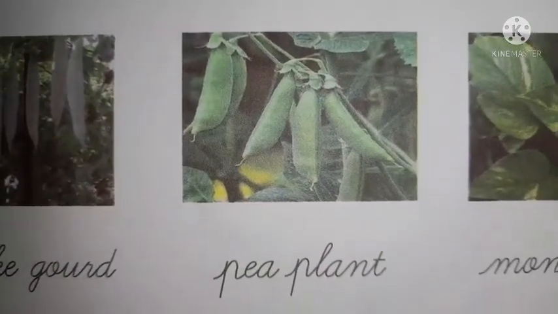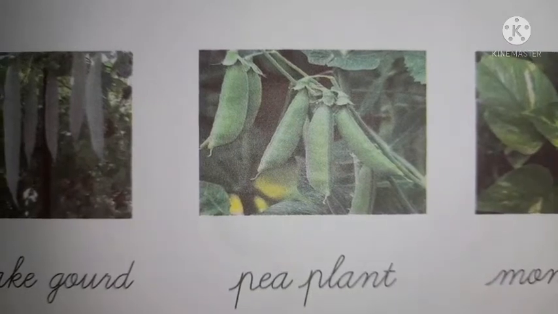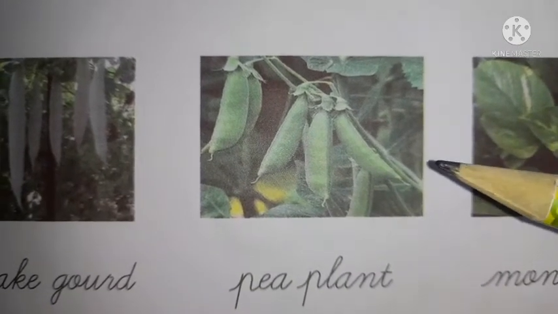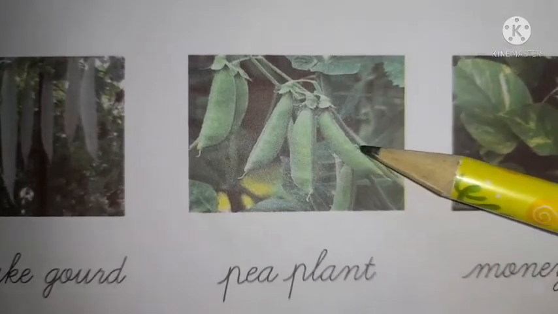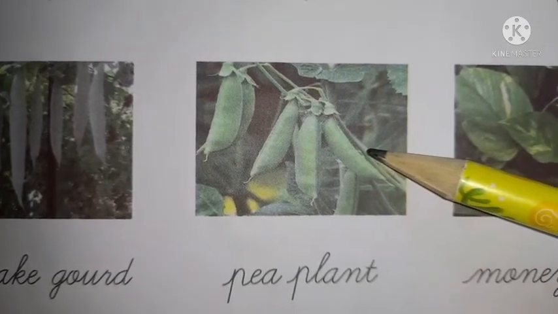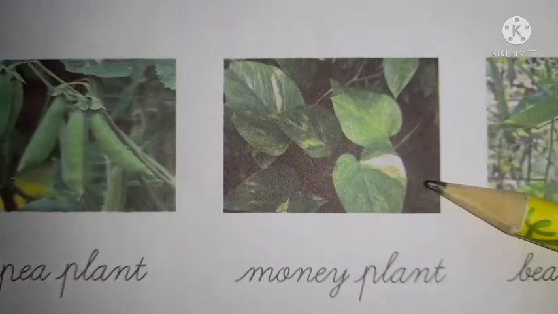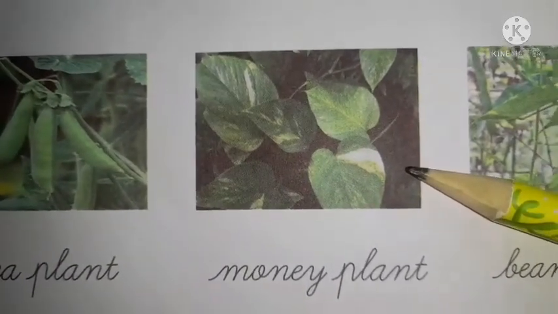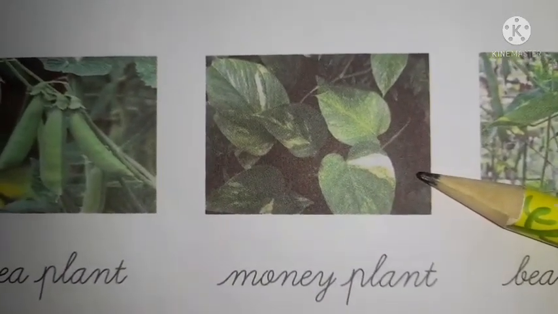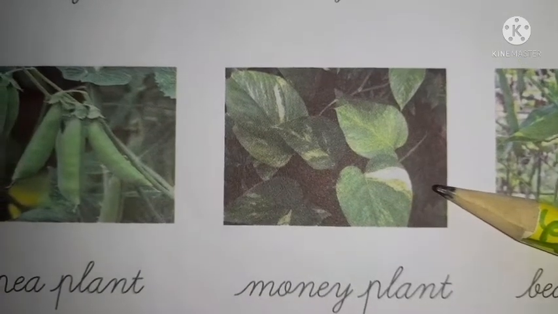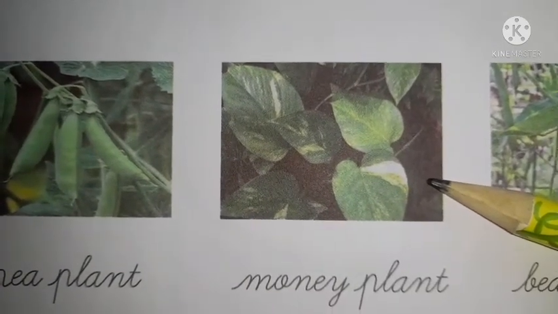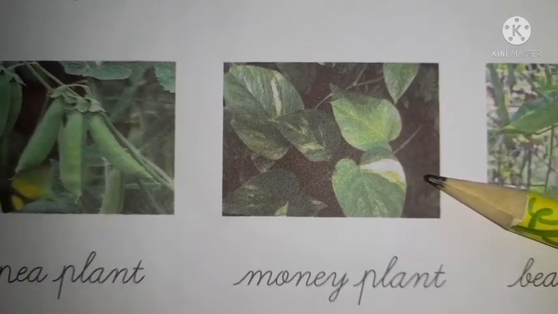What is this? This is pea plant. You can see the peas hanging. Pea plant is a climber. What is this? I told you, crotons, ornamental plants which you keep for decorating the house. This is money plant.